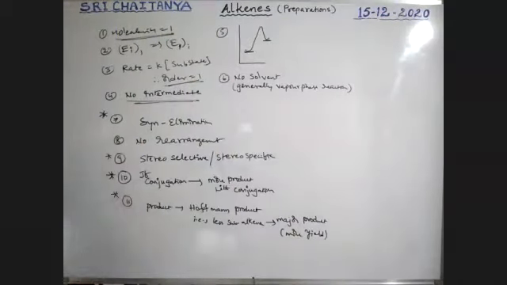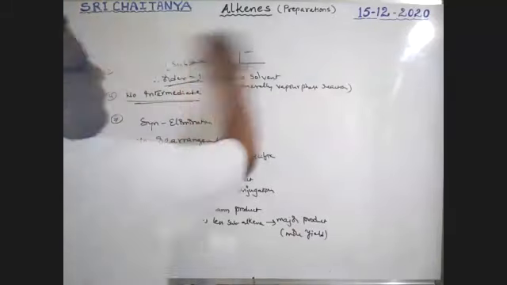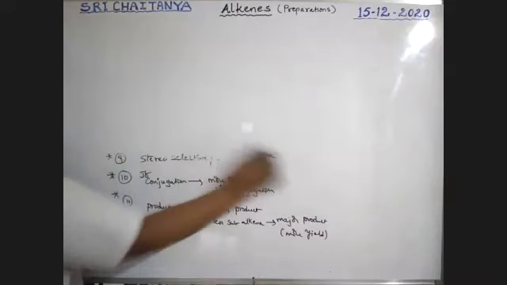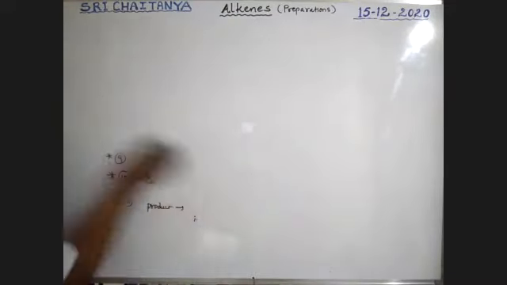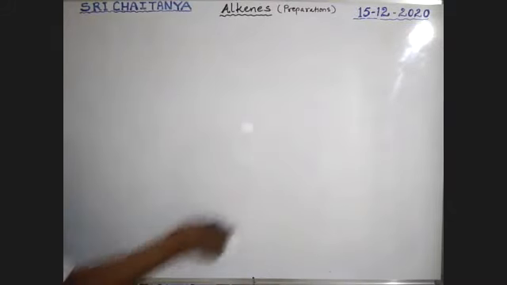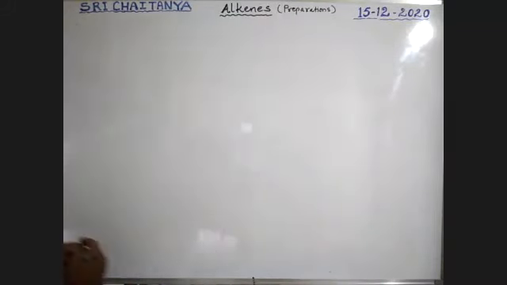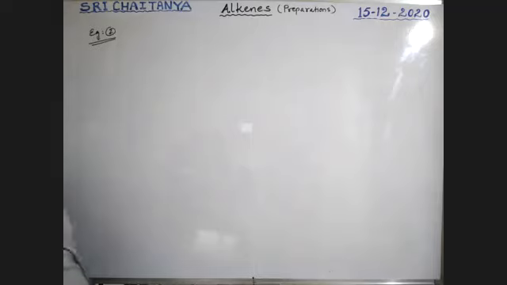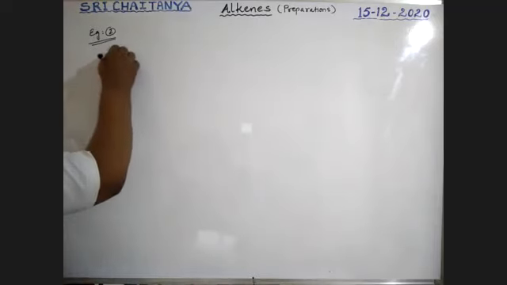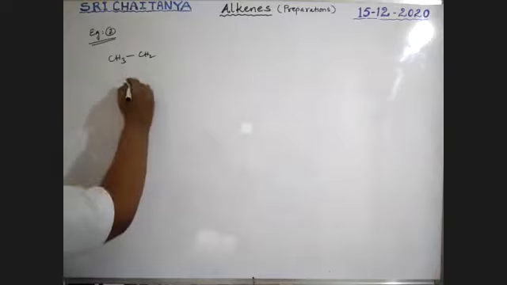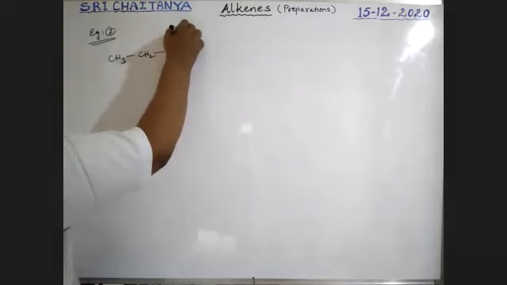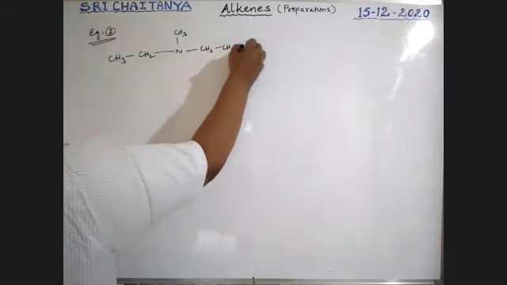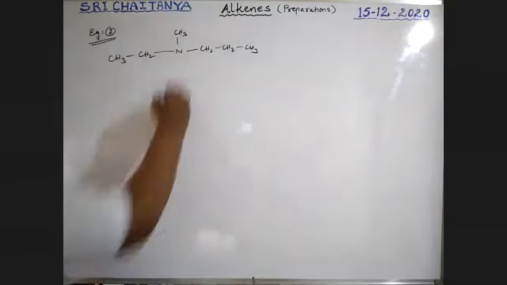Let us discuss with one more example. Take this one as example 2: CH3CH2N(CH3)CH2CH2CH3 with O minus and plus.